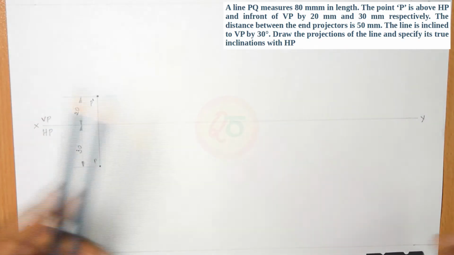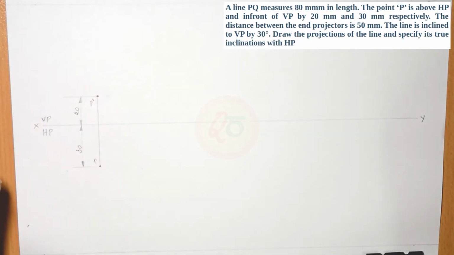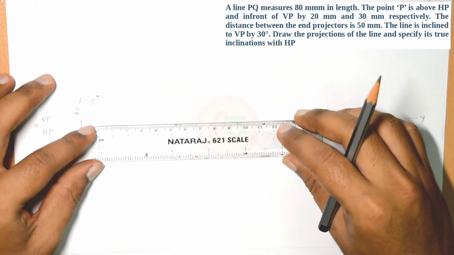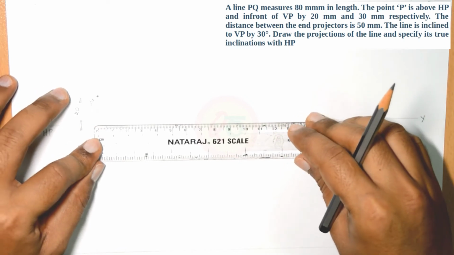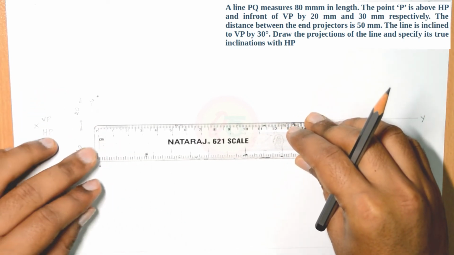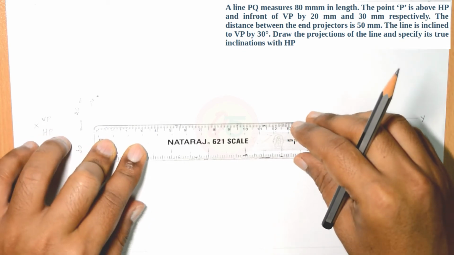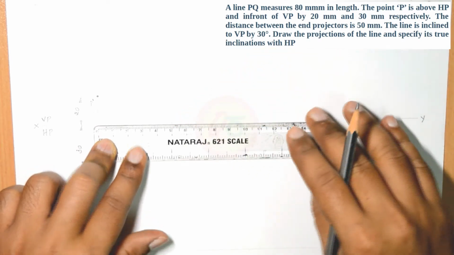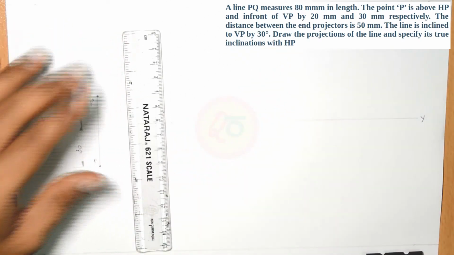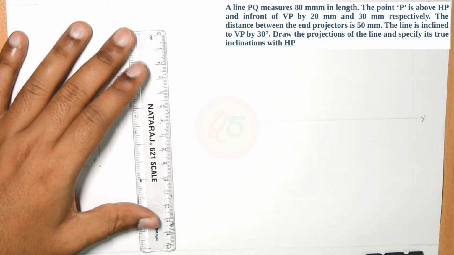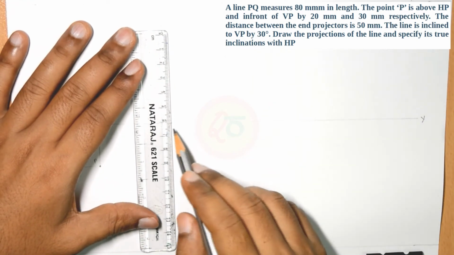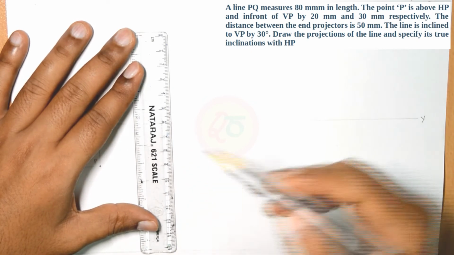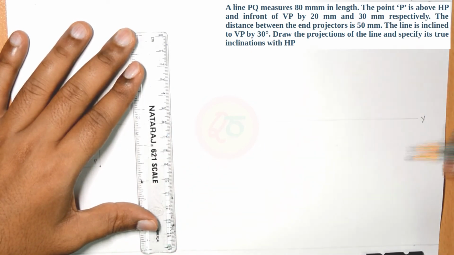So I'll measure 50 mm on the XY line, and I'll draw a vertical line with a 2H pencil or an HB pencil very lightly to a sufficiently long distance.